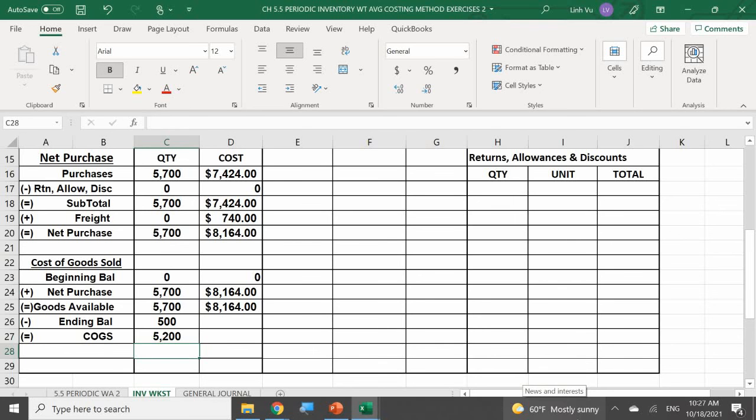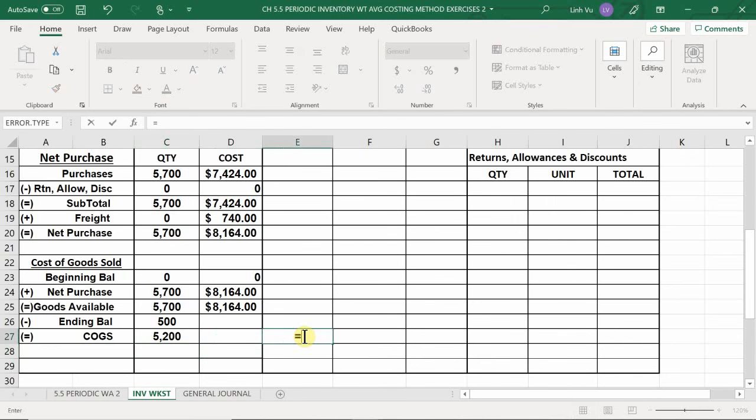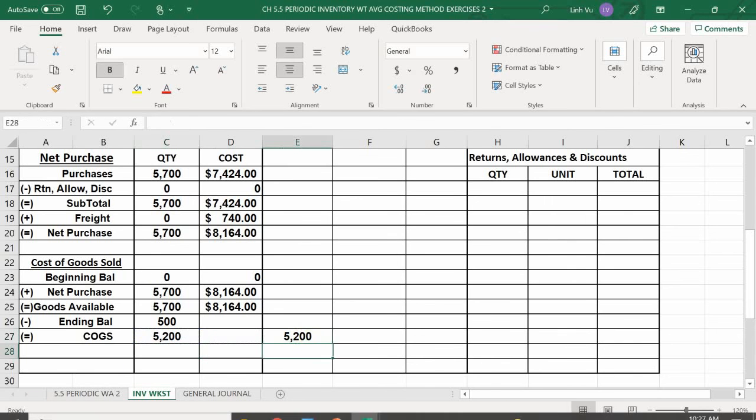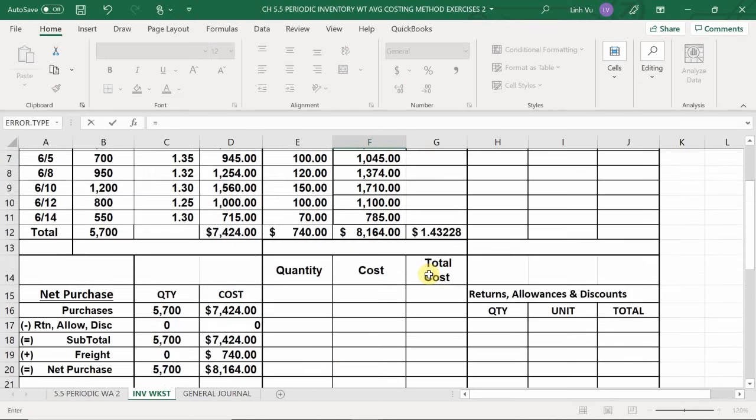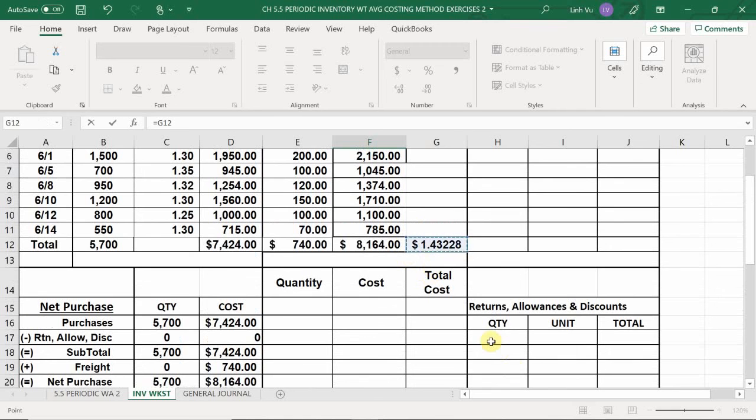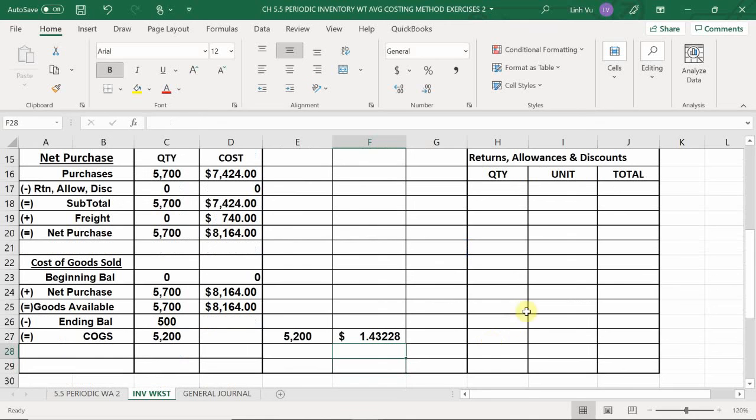Okay. So then I'm going to go ahead and calculate that I sold 5,200, right? I'm going to multiply that by my average cost per item of 1.43228. Okay? And once again, I'm going to do my formula.